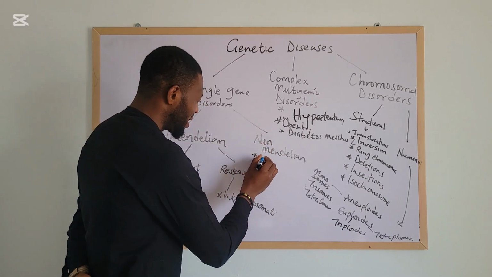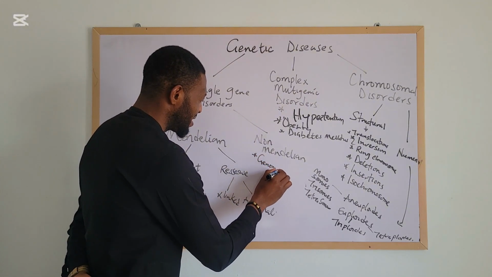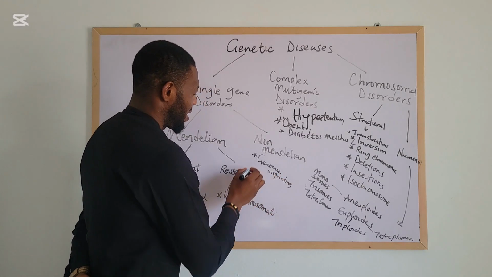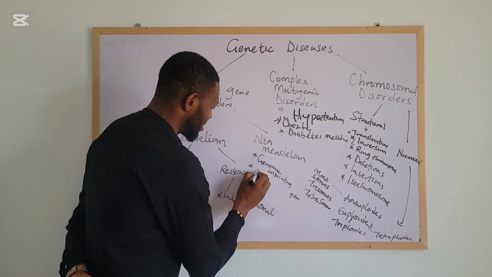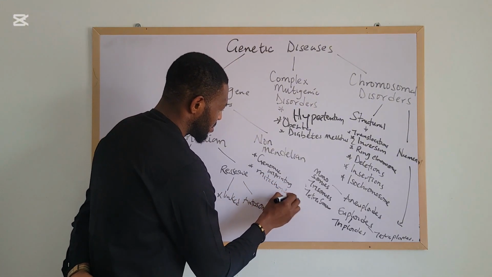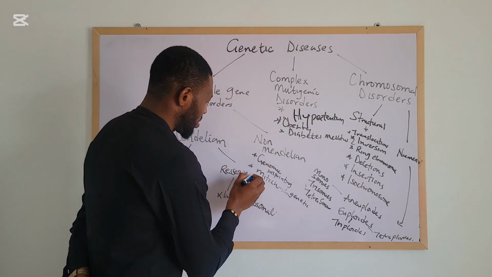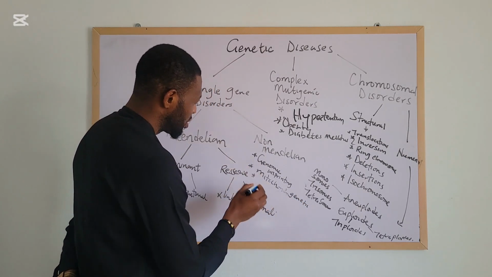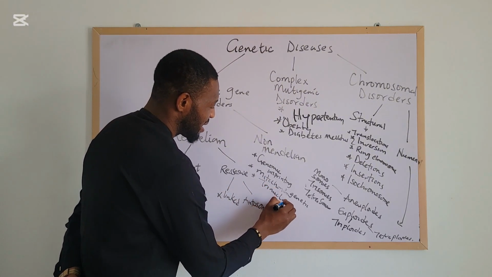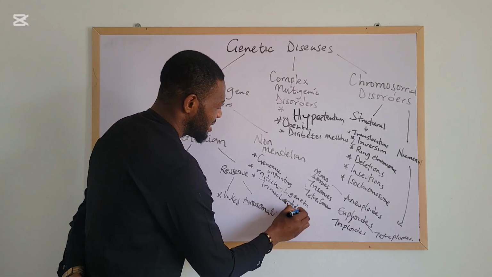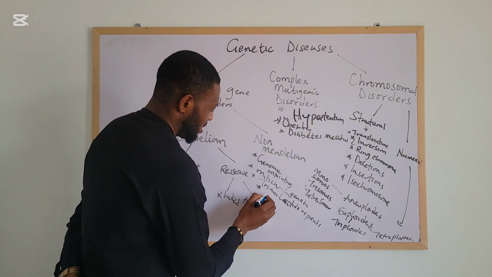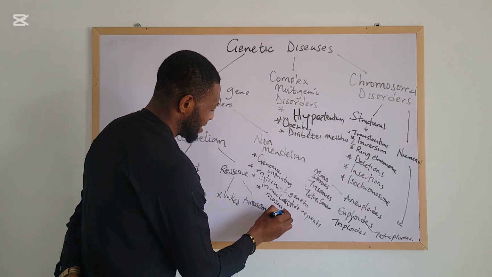Okay, we have the genomic imprinting, mitochondrial genetic disorders, the trinucleotide repeats, and then we have the mosaicisms, genetic mosaicisms.